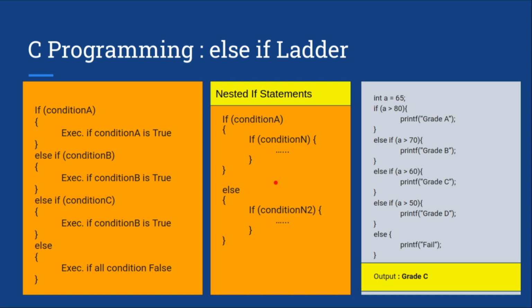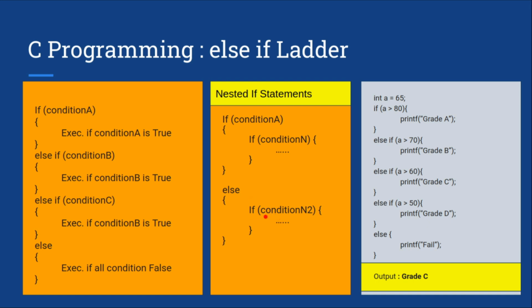So the logic is very similar here. For example, we have a program here, right? If condition A is true, then it will go into this block of if, and it will further check that if condition N is true, then it will execute this program. If condition A is true, then only it will go to check condition N, otherwise it will go directly to else, because if condition A is false, it will go to the else part.